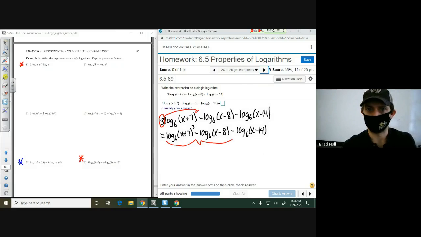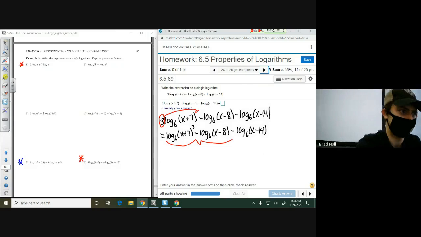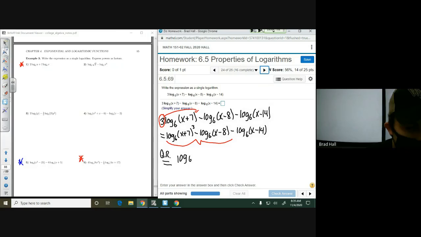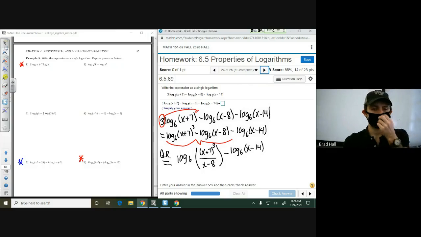Those two are 2 logarithms separated by a minus sign, so this is going to be the quotient rule, which means we can write this as 1 logarithm with x plus 7 to the third power in the numerator and x minus 8 in the denominator. So that's combining the first 2 logarithms together.